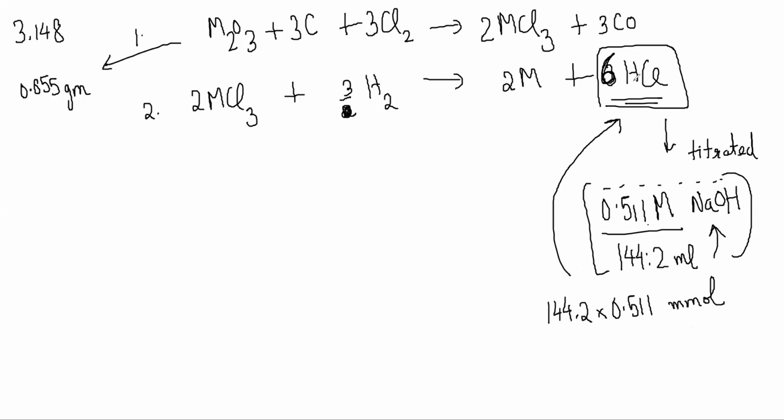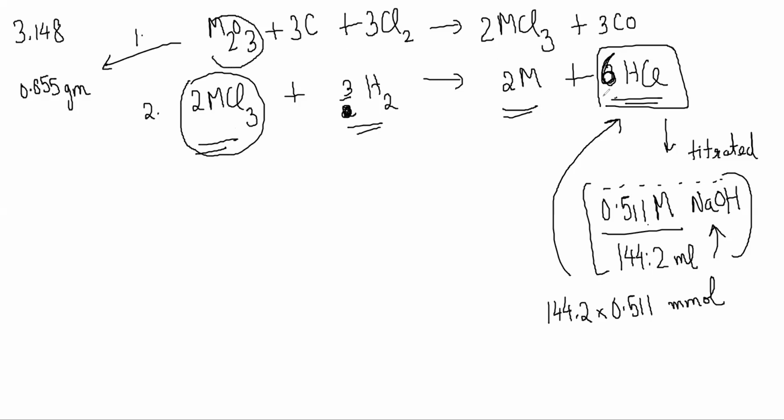If HCl was produced this much, then this would be 1/3 of it, this would be 1/2 of it, and this would be 1/3 of it. And if this was 1/3 of it, then this is 1/2 of that, so 1/6 of it.